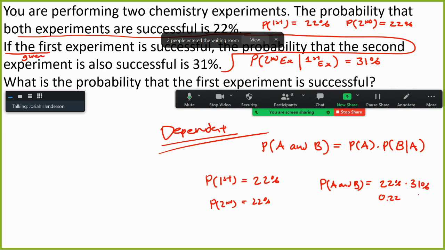So we turn it into a decimal, 0.22 times 0.31 to find whatever that is. Zero point 0.0682. So that's 6.8%.